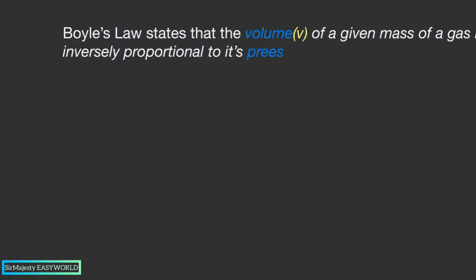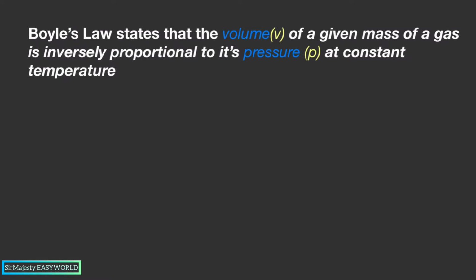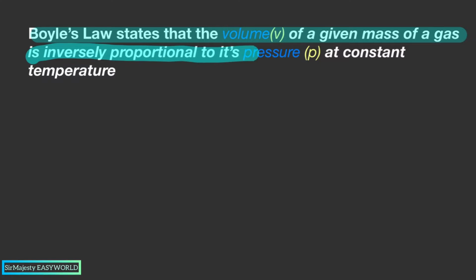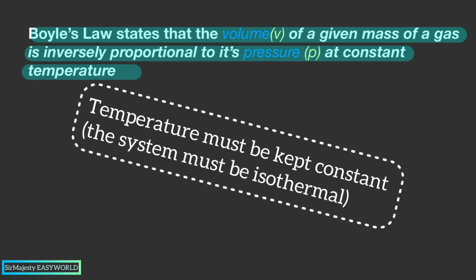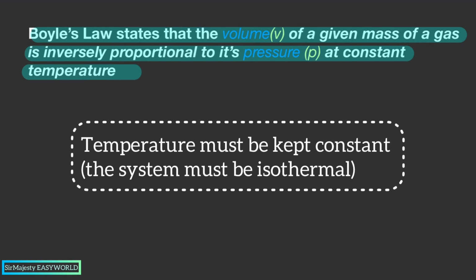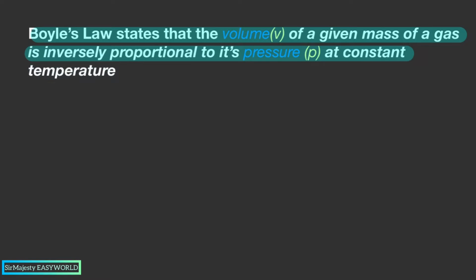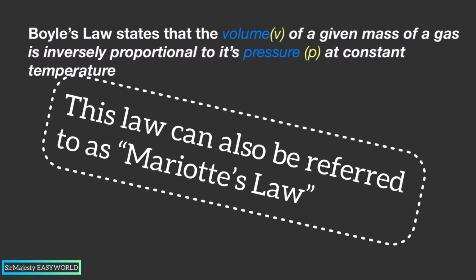Boyle's law states that the volume V of a given mass of a gas is inversely proportional to its pressure at constant temperature. So, as far as Boyle's law is concerned, what is constant is temperature, and what varies is volume and pressure, and that's the one you saw there written in blue.